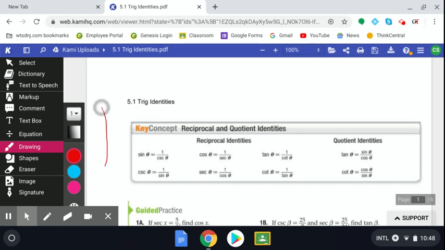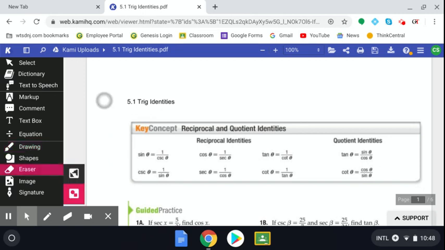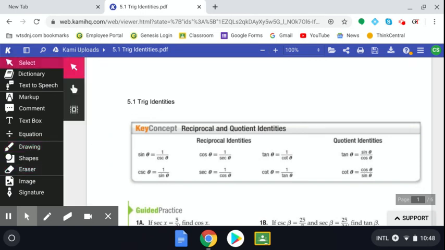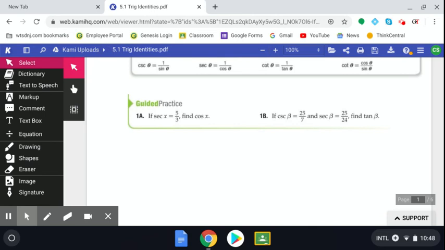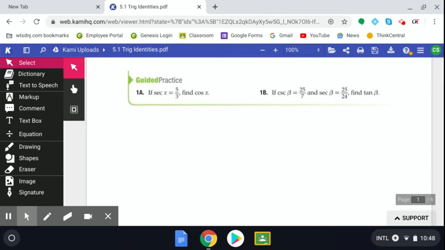So the first set of problems asks you to apply those identities. They're asking you to find cosine x in 1a if secant x is 5/3.